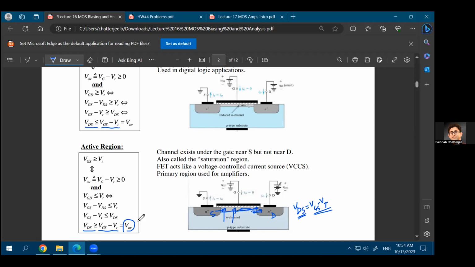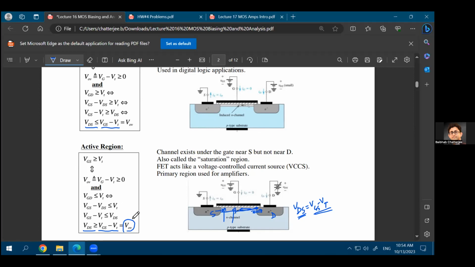If you're running really complex processes, or playing a high definition game on your laptop, you'll see that the laptop will overclock. It will run at a higher frequency. This is similar to that concept: you're overdriving your gate by an amount higher than the threshold voltage. The transistor can already turn on, but you are applying more gate voltage so that you can eventually get a higher amount of current through the device.